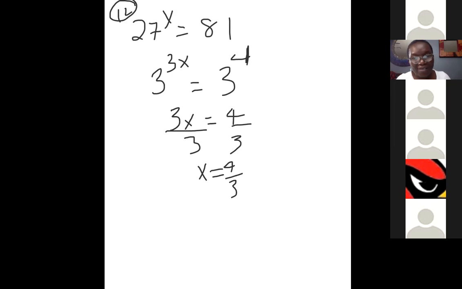There you go, guys. Now, let me just pause and say this here for some of you who may not be thinking about this yet. If this was a multiple choice question, even if it wasn't a multiple choice question, guys, you can use some good old-fashioned common sense and try to figure out approximately where the answer is going to be. Because you know 27 to the 1st power is going to be 27.